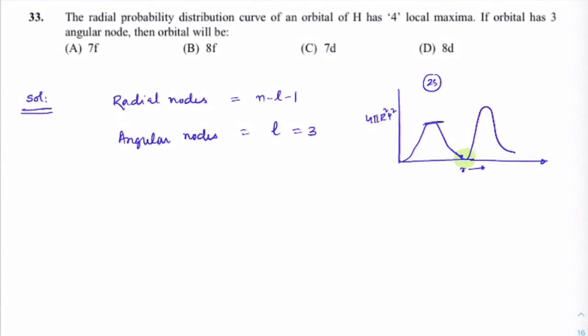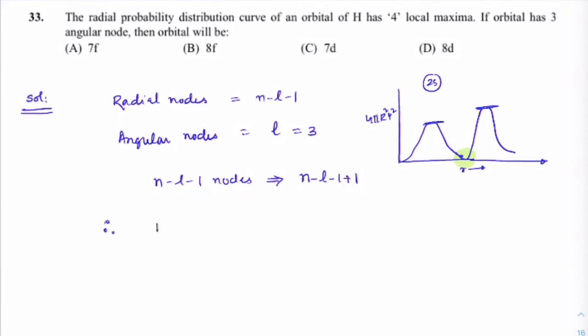Remember this: one node means two maxima. So if I have n minus L minus 1 nodes, then how many maxima? It would be n minus L minus 1 plus 1, because the number of maxima would always be 1 more than the number of radial nodes.